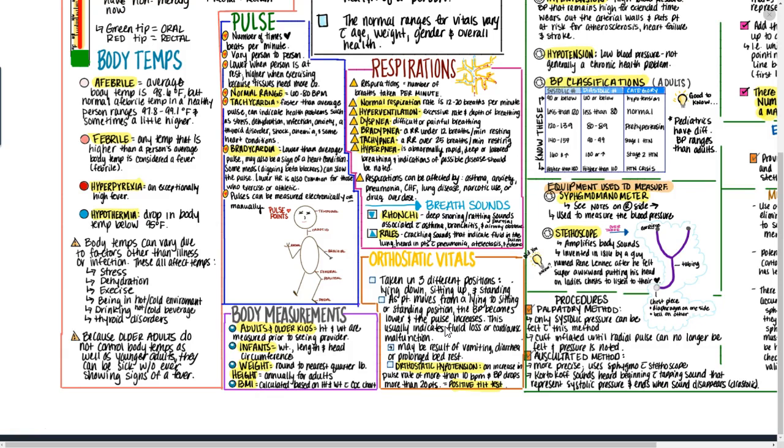Orthostatic hypotension is an increase in the pulse rate of more than 10 beats per minute, and the BP drops more than 20 points.